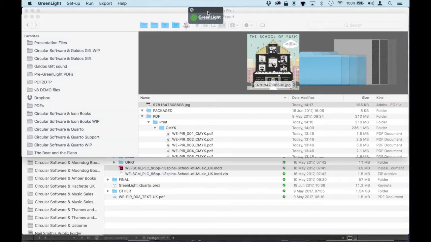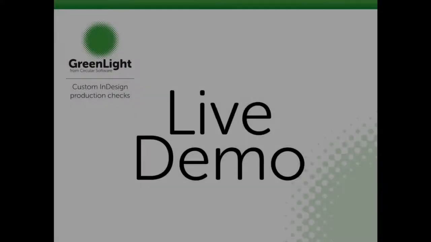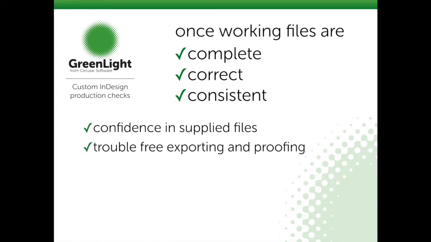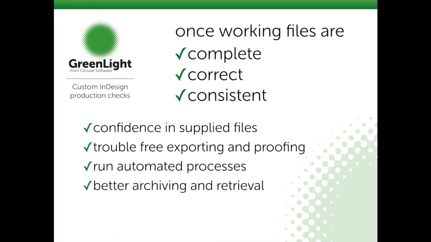So that's some good demonstration of what GreenLight is. Let me just finish off by showing. Once we have our files in a complete, correct and consistent way, then we know that the files that we supply or are supplied to us are in good shape, which means we can have trouble-free exporting and proofing. We can run automated processes, and there's plenty more that we could do with our files now they're in this good shape.